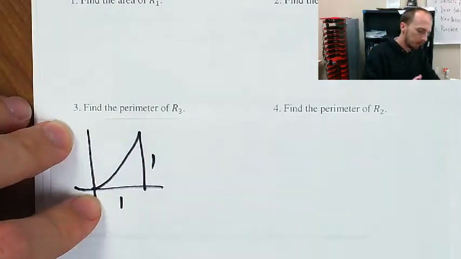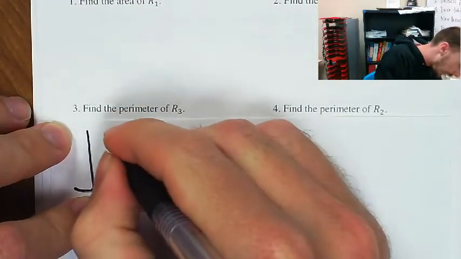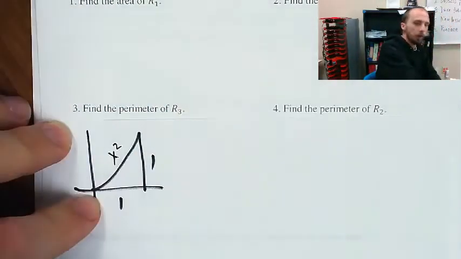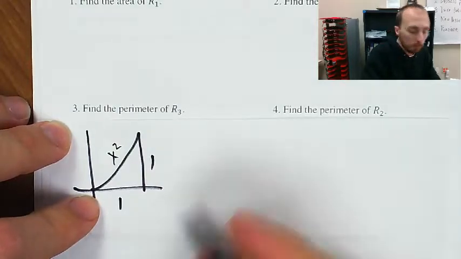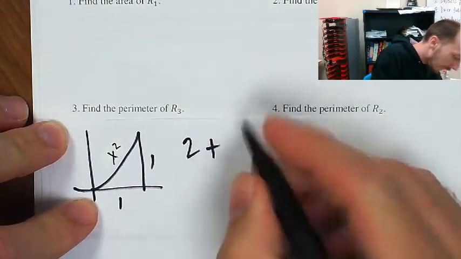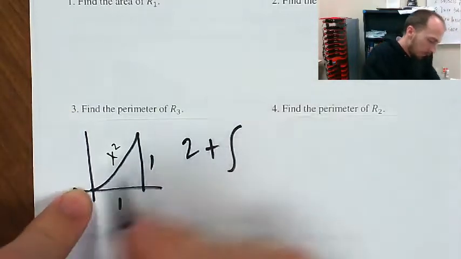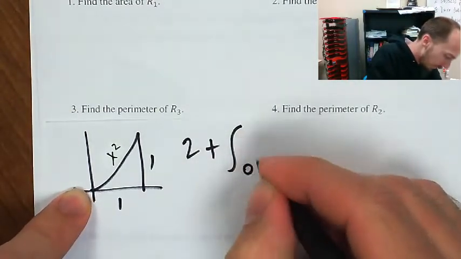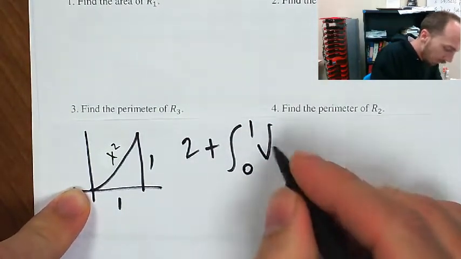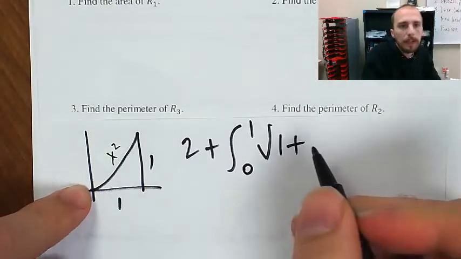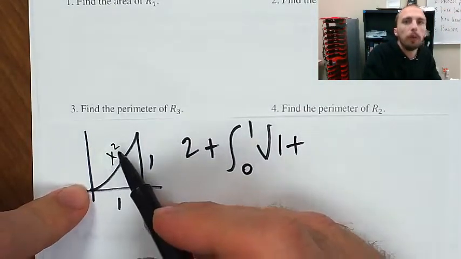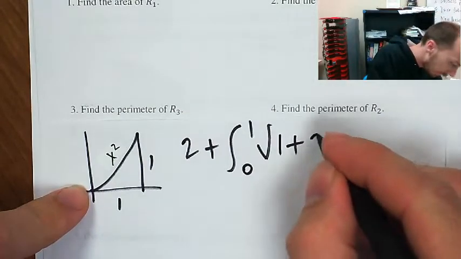I know that I can get perimeter by starting by adding 1 plus 1. Then I'm going to have to integrate, as x runs from 0 to 1, the square root of 1 plus dy dx squared. If y equals x squared, dy dx equals 2x.